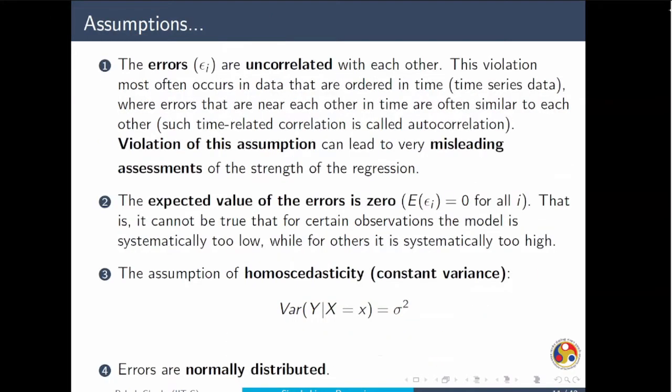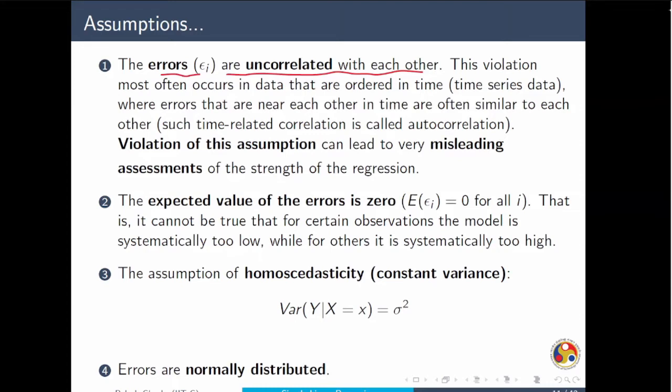Now we'll talk about the assumptions. There are 4 specific assumptions. The first one is that the errors epsilon i are uncorrelated with each other: epsilon 1 will not depend on epsilon 2, epsilon 2 will not depend on epsilon 3, and so on.